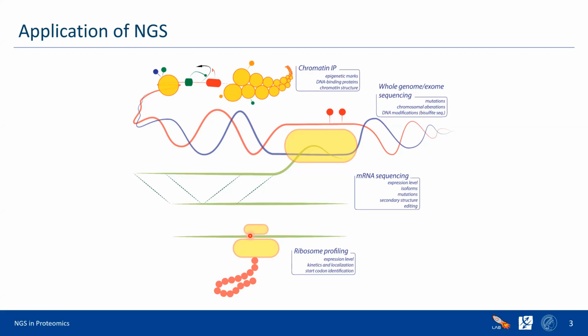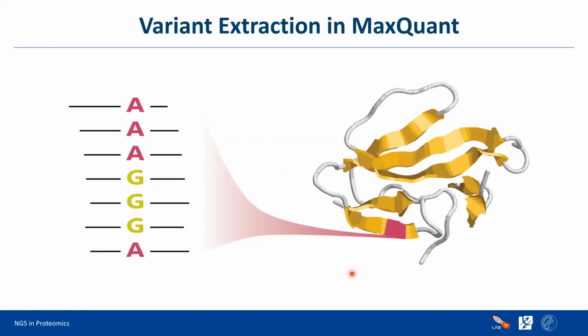You can take this sausage and sequence it, and by that you understand where a ribosome was sitting, how many of them were sitting, and how actively a certain transcript or isoform was translated. That's a really wonderful topic.